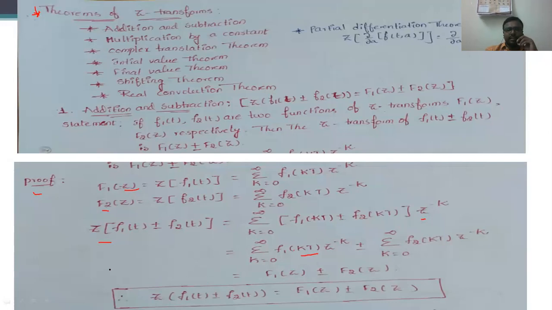Finally, the Z transformation of the function f1 of t plus or minus f2 of t is nothing but F1 of z plus or minus F2 of z. So this is the first theorem or property regarding the Z transformation, that is, addition and subtraction.